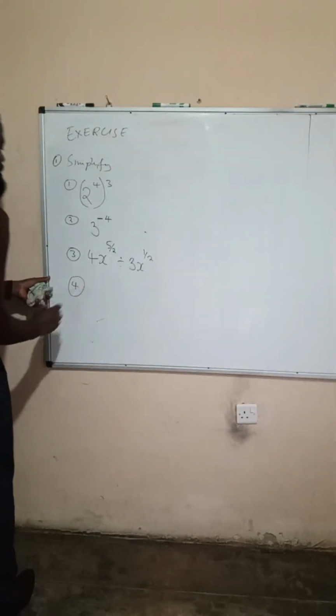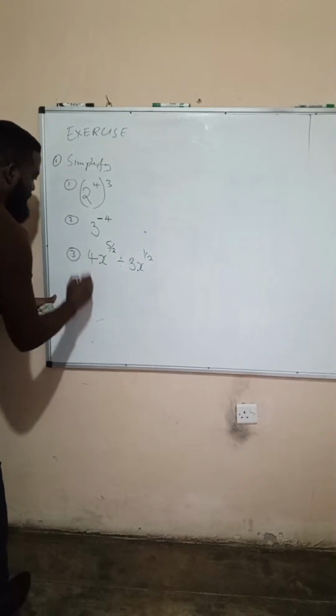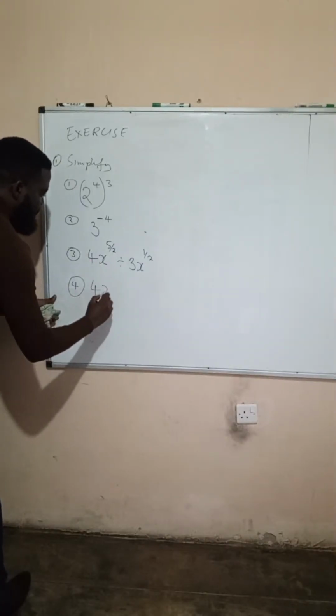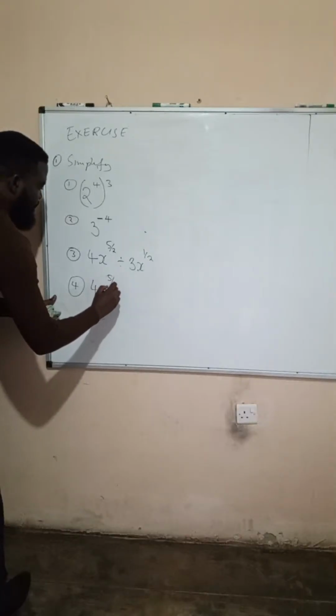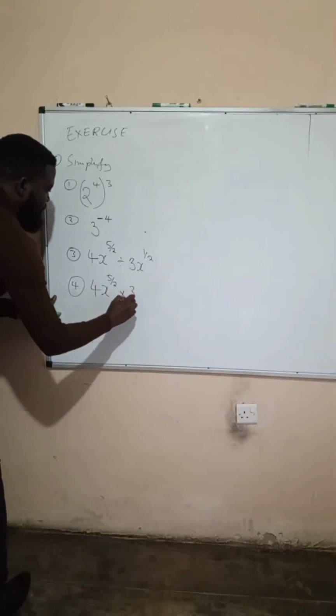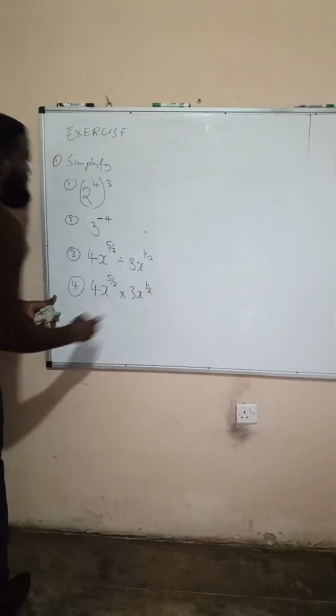And then the last question, the same one, but here it's times: 4x to the power 5/2 times 3x to the power 1/4.